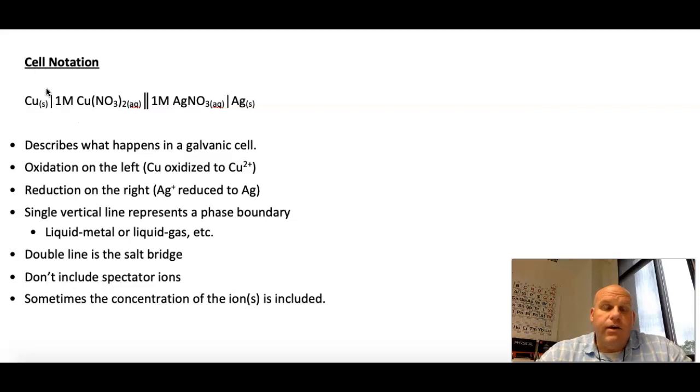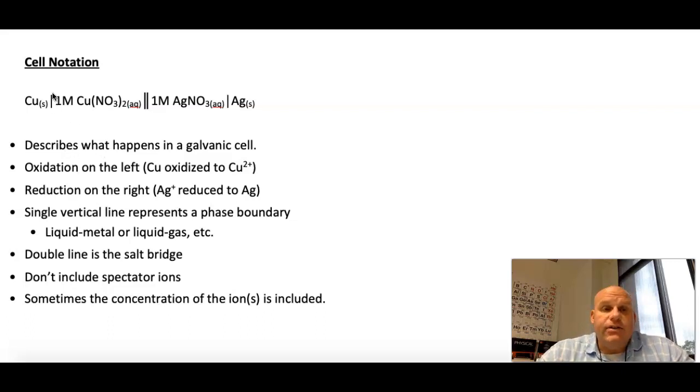Whatever's written over here is our anode, whatever's written over here is our cathode. We put the solution that is present here. Often they'll give you the concentration of the solution, although they don't have to. This is oxidation because that's our anode, and this is reduction. So I can get a sense of what the two half reactions are going to be.